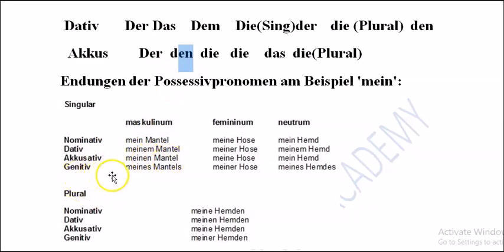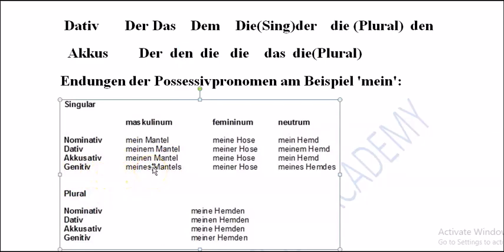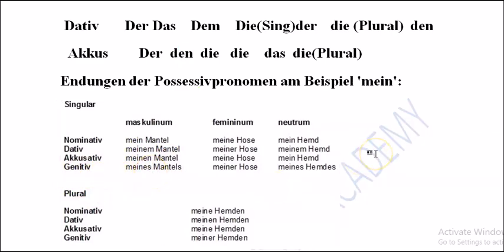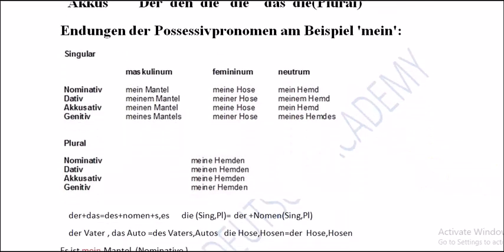The next one is genitive. For genitive we have a rule, like the rules we had for accusative and dative.